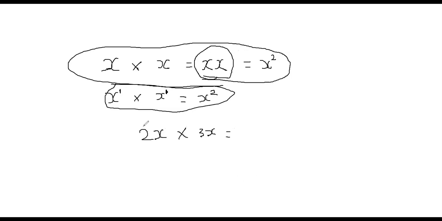Good. So we multiply the numbers. When we multiply, what do we get? 6, right? But we're multiplying, not adding. So we start with 6x squared.